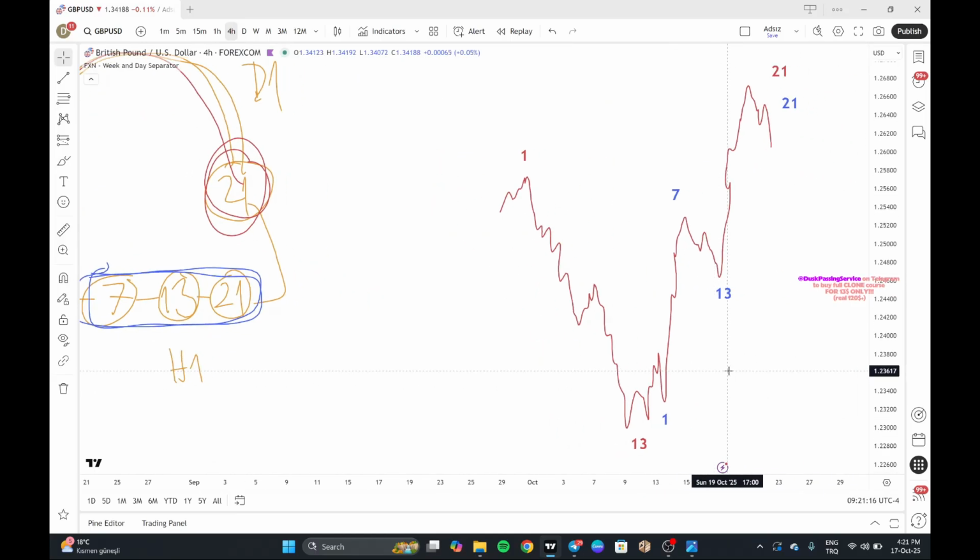Every move in the market is expansion, reversal, and retracement at the same time. Every reversal can be an expansion, and every expansion can be a reversal, and every retracement is a reversal and every retracement is an expansion at the same time.